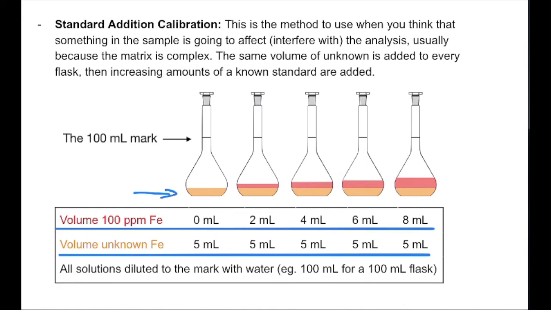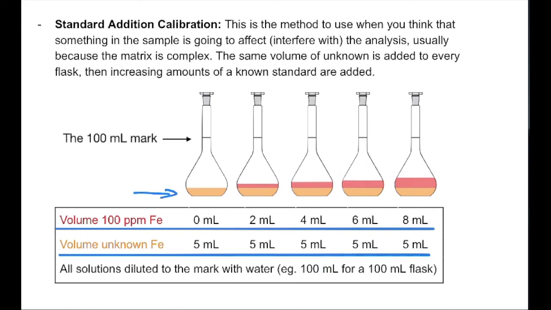So first sample doesn't have any iron standard in it, so it is only the sample itself. The next standard has the sample plus a small amount of the 100 ppm iron standard, and the next sample has a little bit more of the iron standard, and so on and so forth.